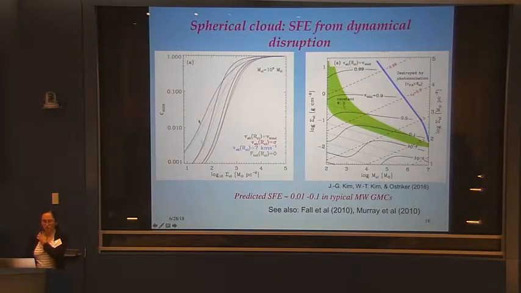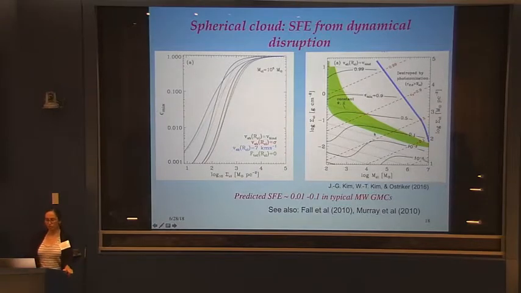And from integrating that equation, this shows for a given cloud, using different criteria for disruption, what the efficiency would be. Depending on what criterion you decide to use, you would have a somewhat different efficiency, but these are the required range of efficiencies. For typical molecular clouds in the Milky Way, this would be an efficiency between 1% and 10%.